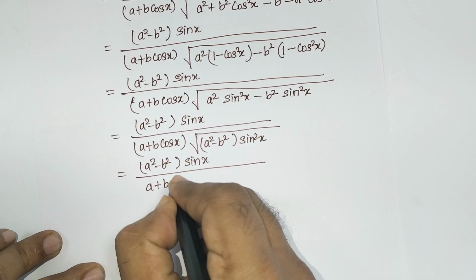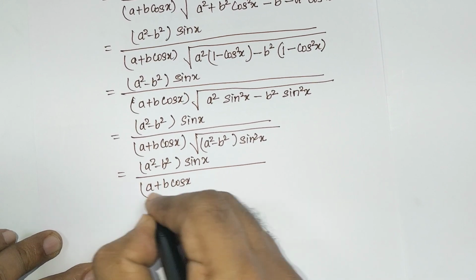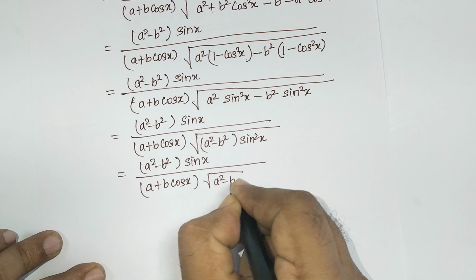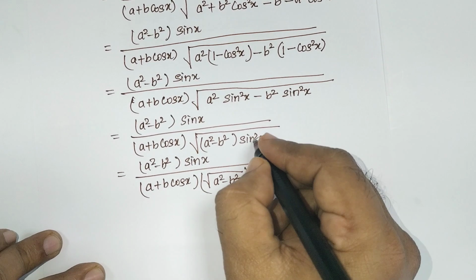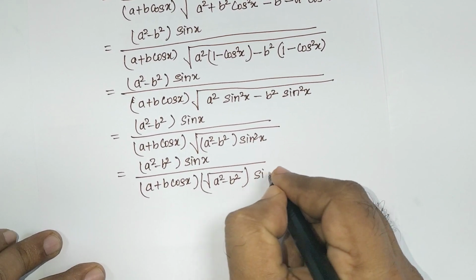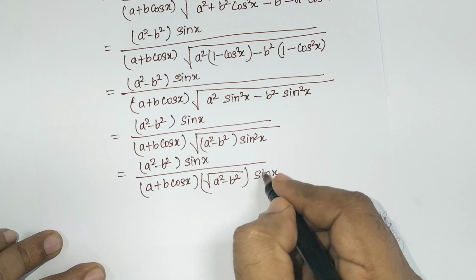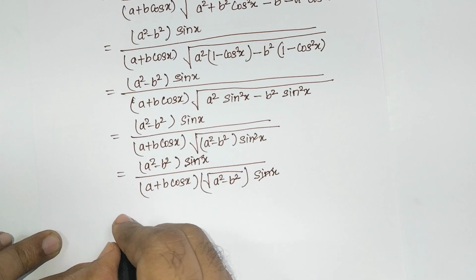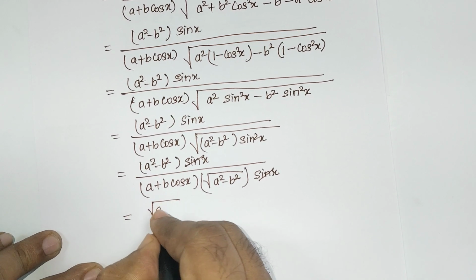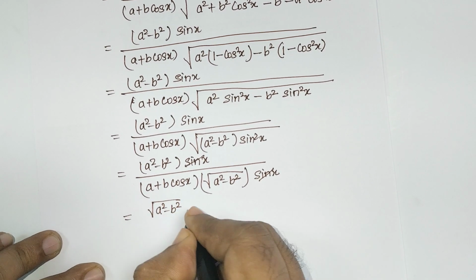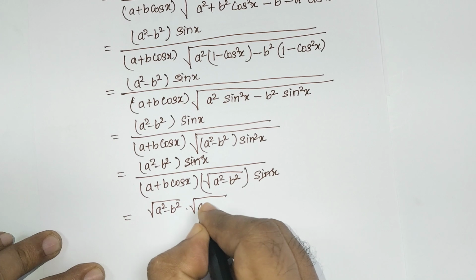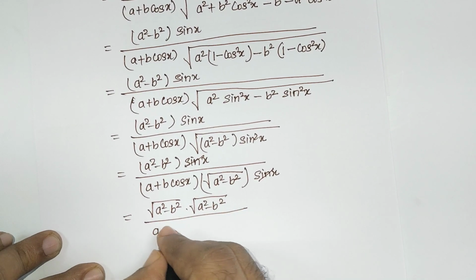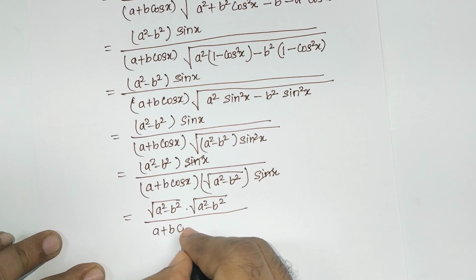Okay, then from this term a square minus b square sin x divided by a plus b cos x, I'll write square root of a square minus b square, and taking square root of sin square x you will get sin x. Both this sin x will cancel. This a square minus b square I will write square root of a square minus b square into square root of a square minus b square divided by a plus b cos x.